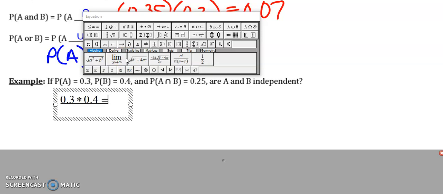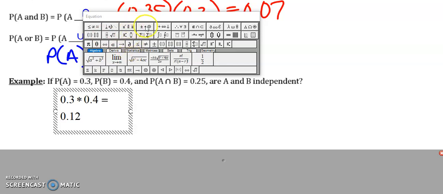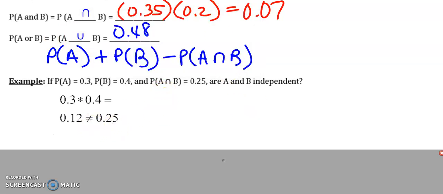And that should be equal to the probability of A and B. When we do, that is 0.12, which in this case is not equal to 0.25. Okay, so the answer to the question is no, not independent.